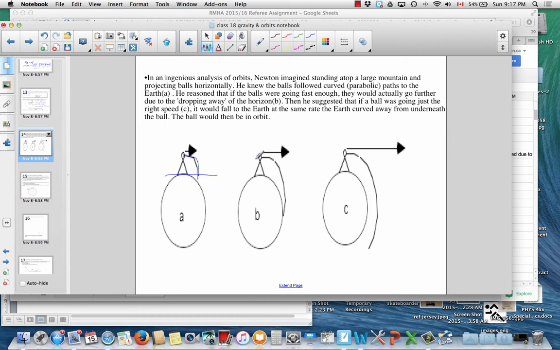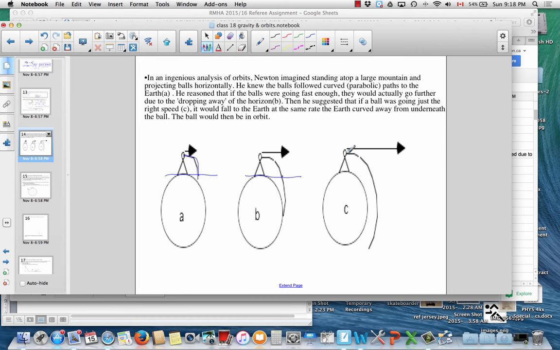He realized that that projectile would arc to ground, but of course, the Earth being curved would fall away so that the cannonball would actually travel farther before it reached the ground. Like if the Earth was flat, it would hit here, but the Earth isn't flat, so the cannonball actually travels further.